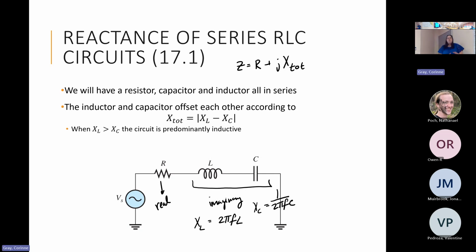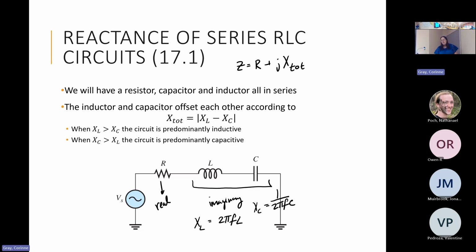The inductor is now fighting not only the alternating source, but also the parallel plate capacitor charging and discharging. So it's fighting changing current on both ends. If it's primarily inductive, the inductor part plays the larger role in describing how the circuit is going to behave.